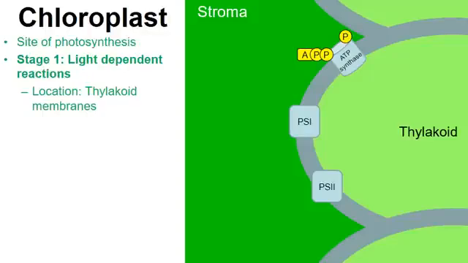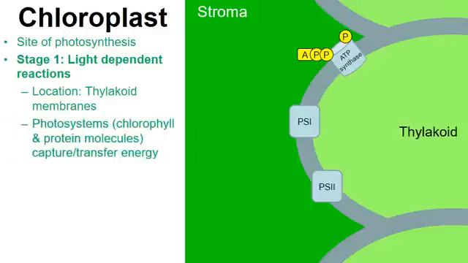I've labeled them PS1 and PS2, and these are the photosystems, and we're going to talk about them in more detail, but for now, in the photosystems is where we find chlorophyll and various protein molecules that are responsible for capturing and transferring energy during the light-dependent reactions. And it's during the light-dependent reactions where oxygen, ATP, and something called NADPH is created. We'll talk about these molecules in more detail coming up very shortly.